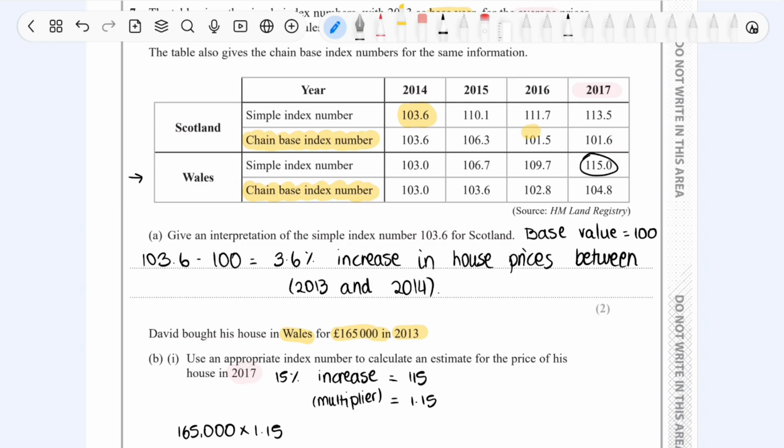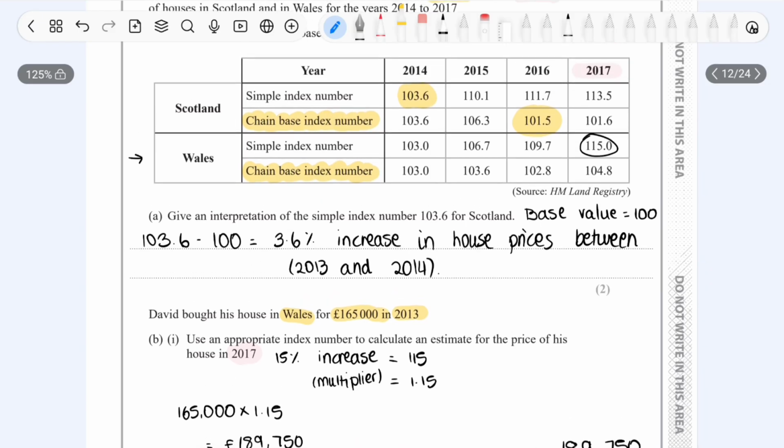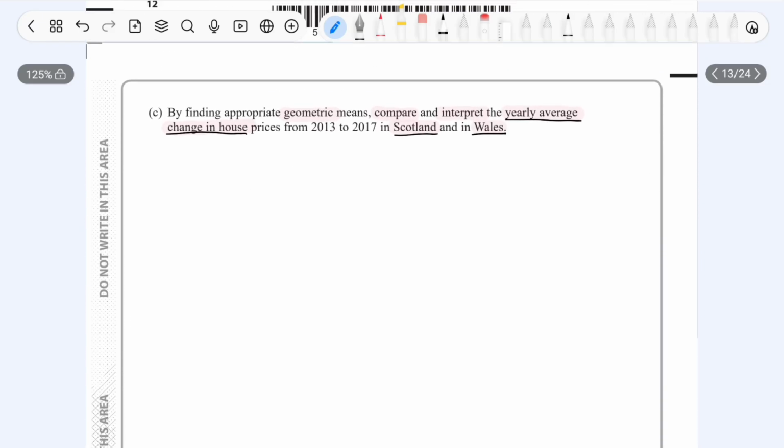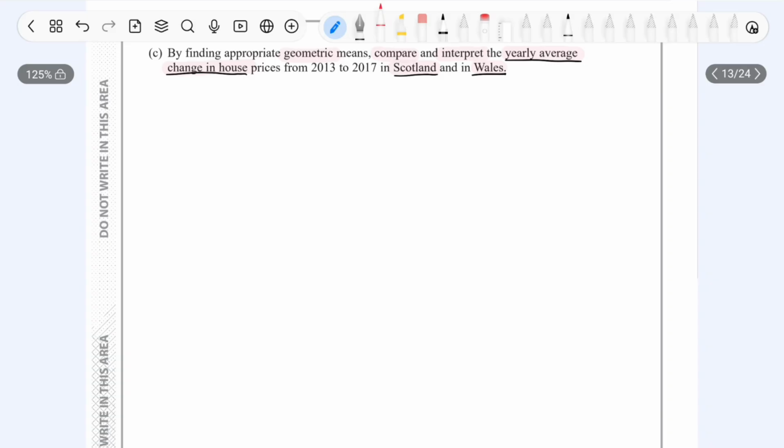So if we take this value, 101.5, this is a 1.5 percent increase compared to 2015, rather than the simple index number, where it's directly compared to 2014. So now we've got this information, we can start going about our calculations. And now we need to find the geometric mean. The geometric mean takes a formula, and that is as follows.